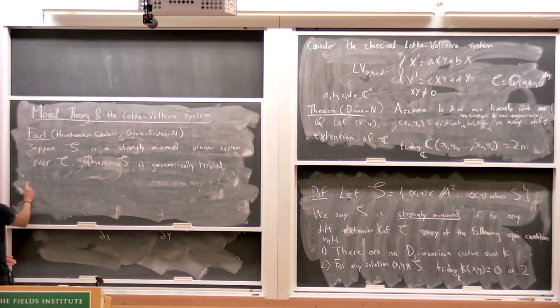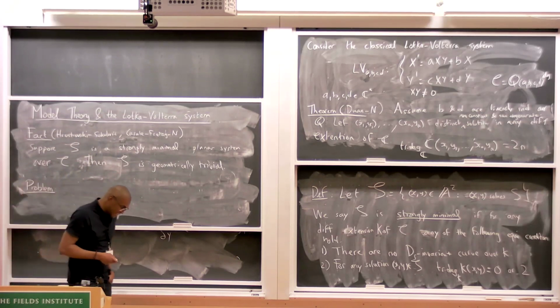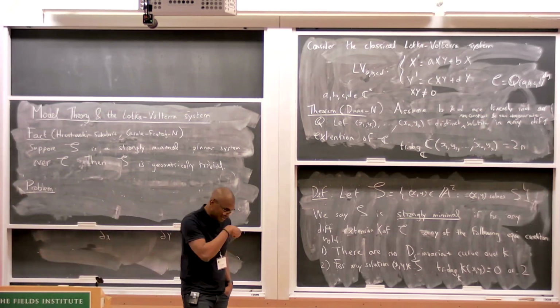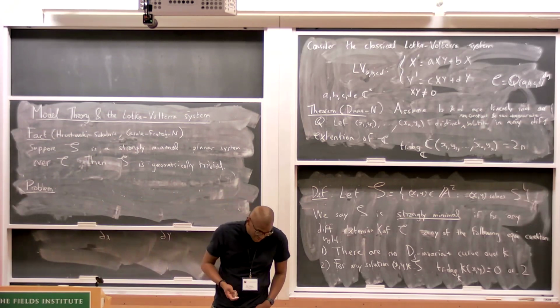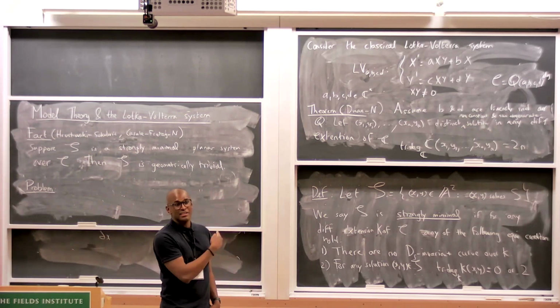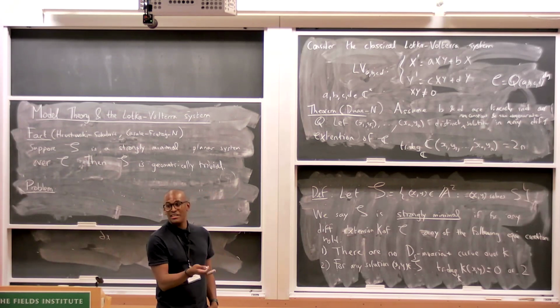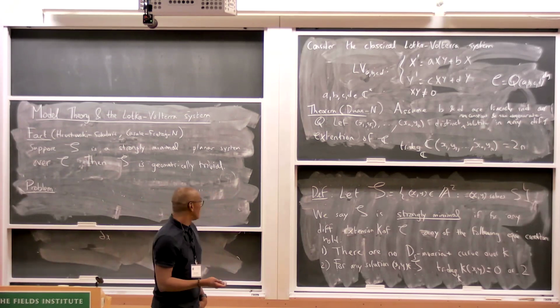One problem, and I think it's the problem with this entire enterprise of trying to use this model theoretic strategy to prove transcendence results, is that it's very, very difficult to prove that a given differential equation is strongly minimal.